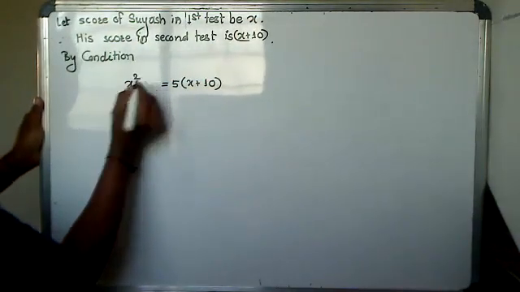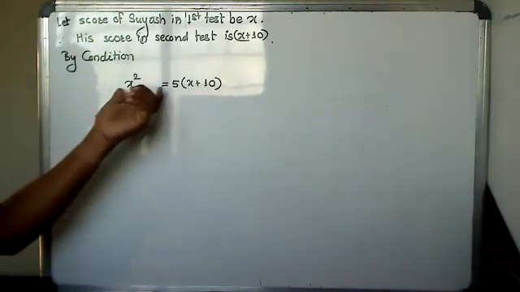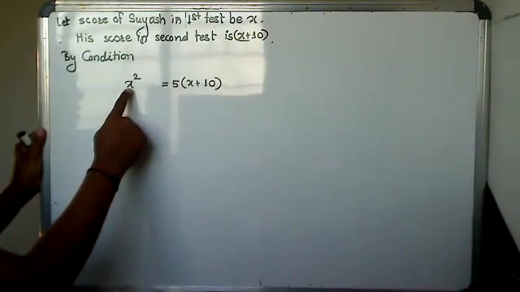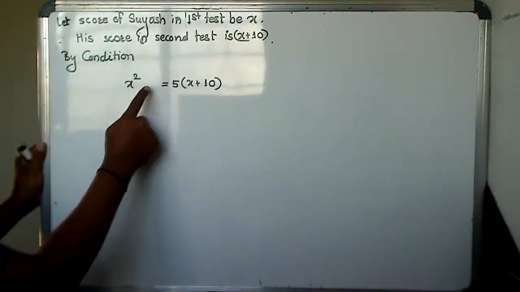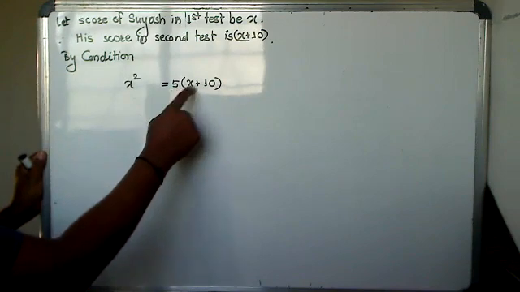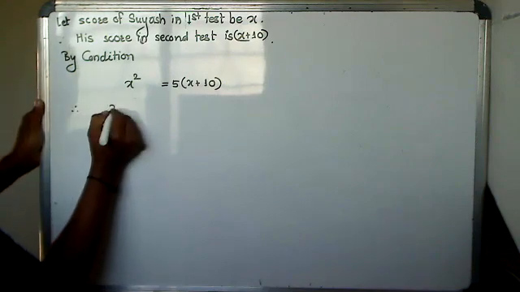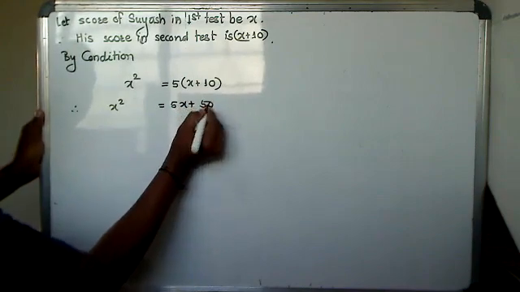So x square is equal to 5 into x plus 10. This is the required condition. So x square is equal to 5x plus 50.